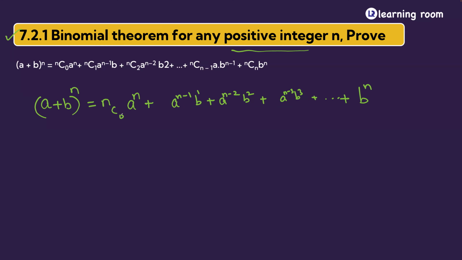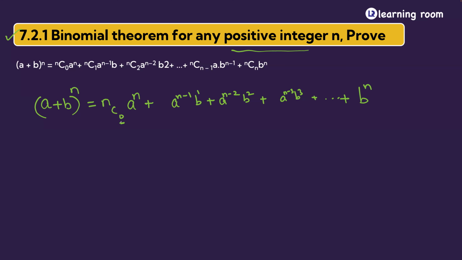NC0, right? Where the power of n is there, no? Listen to this carefully. The power of a is there, right? The power of a will be in such a way, it will be n minus this number. And the power of b will be this number itself. Did you understand?